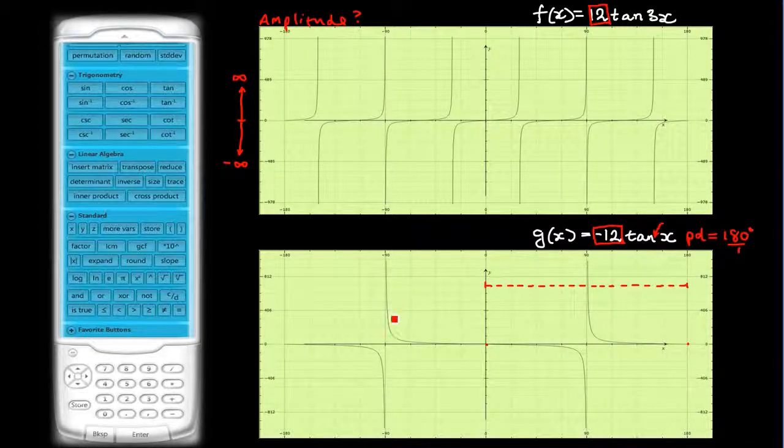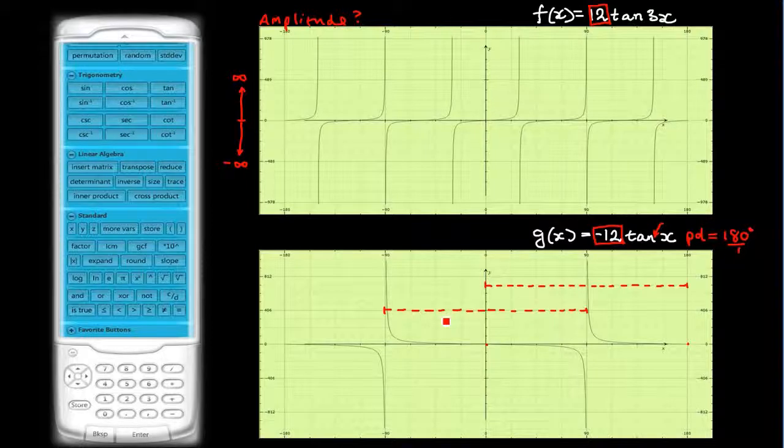So that's exactly what's going to happen here. Now you can see that even more clearly if I start at the asymptote here and draw my range across like this. So there's 90 degrees. Keep going to 180 to my second asymptote here.